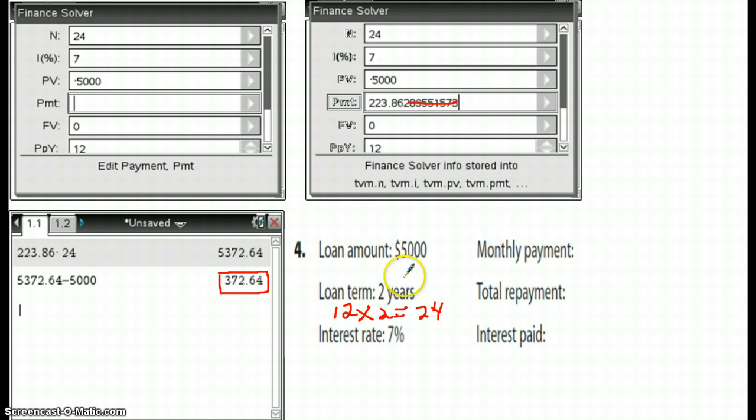So monthly payment is $223.86, my total repay is $5,372.64, and the interest paid is $372.64.